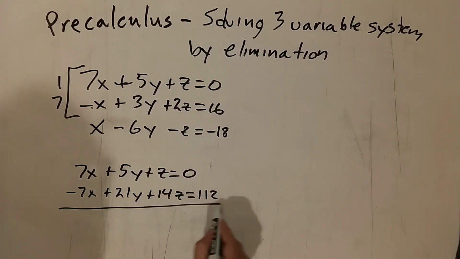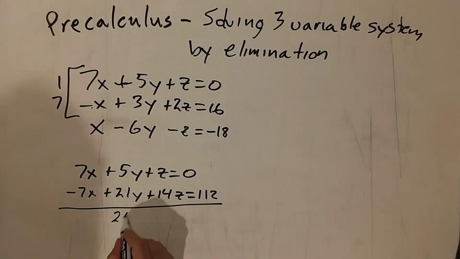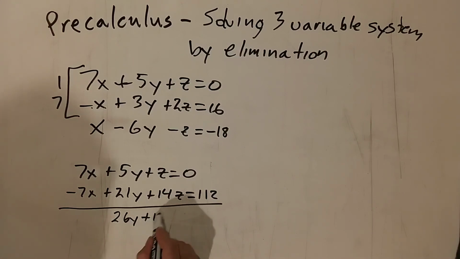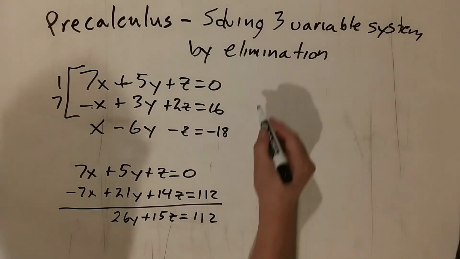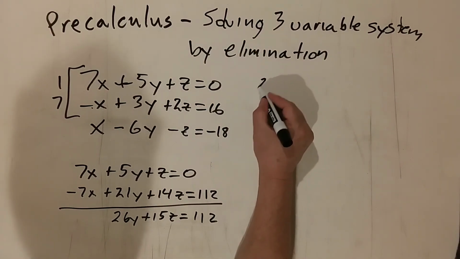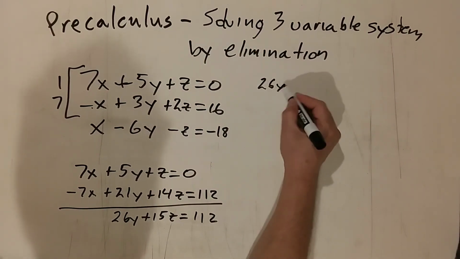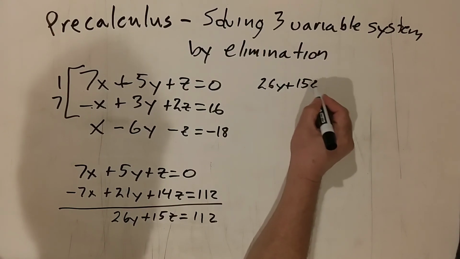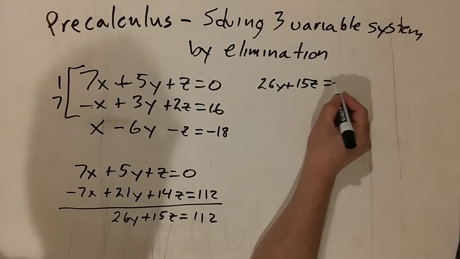Adding these together, we have 26y plus 15z equals 112. So I'll write that up here. 26y plus 15z equals 112.